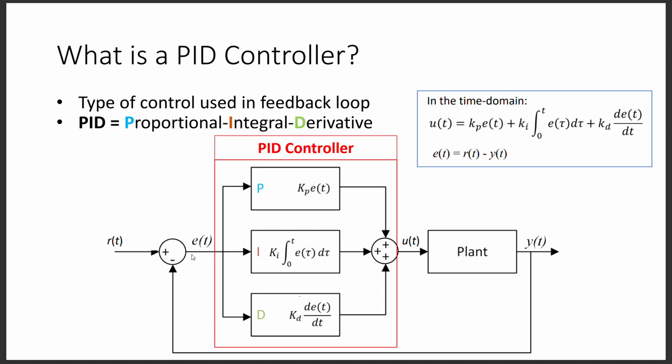That gives you an error. Now, there is a box or there is a block that receives that error and creates the correct action to fix your system's behavior. Your system or your plant is the car. The behavior is the location or the position which we want to be on the road.